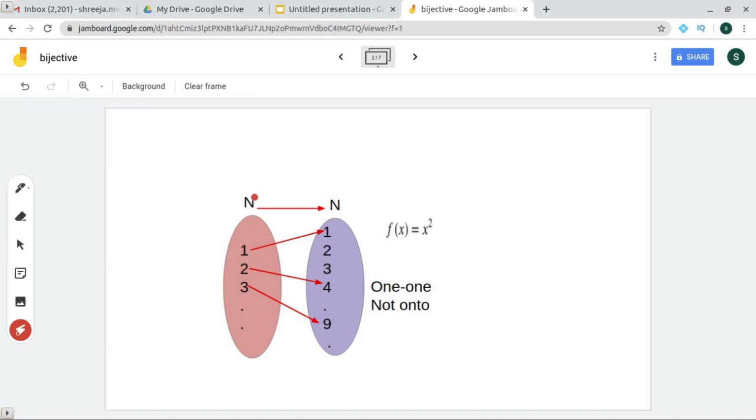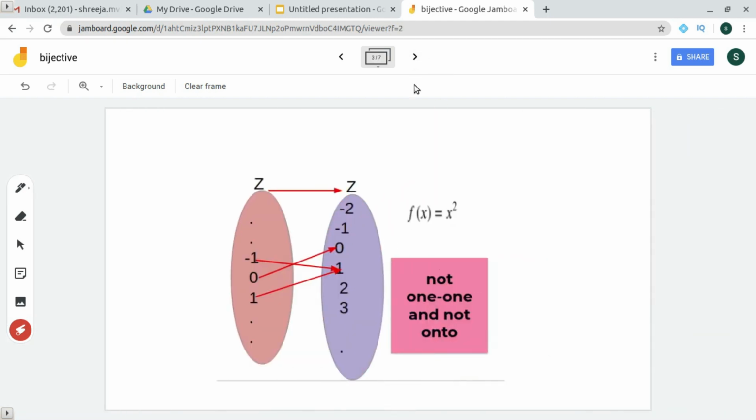Distinct elements of N are mapped to distinct elements of the codomain N. So the function is one-one. But 2 has no preimage, 3 has no preimage, 5, 6, 7, 8 have no preimages, etc. So this function is not onto. So f(x) = x² is one-one but not onto.